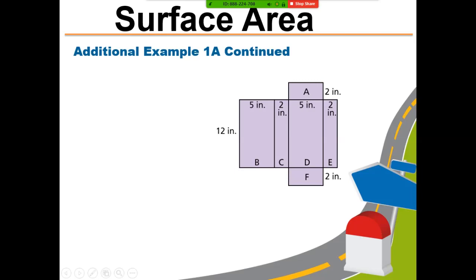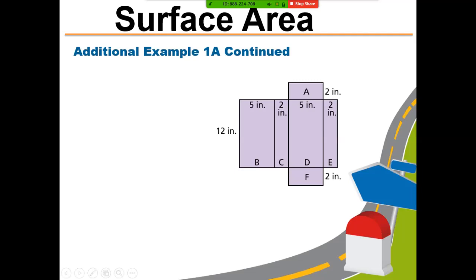Can you see the letters which I wrote here? A, B, C, D, E, F. Can you see them? Okay. I did this just to make it easier for me. You can also label them as 1, 2, 3, 4, 5, 6. It's up to you.